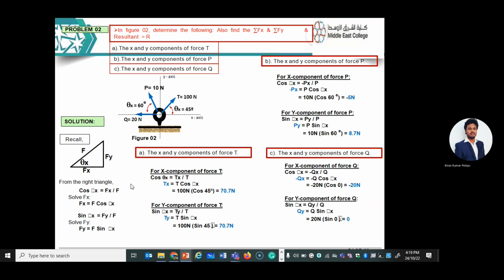So for the first one, T, Fx is equal to T cos theta. Let me try to give you a simpler way. Okay, let me write it here on the board.